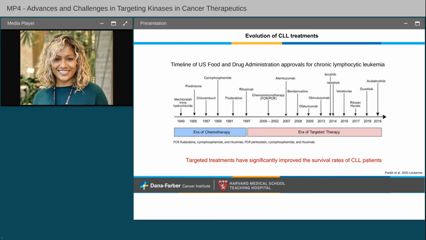Now, targeted therapy, which has picked up in the last decade, is a cornerstone of precision medicine. It's really transforming CLL treatment by focusing on specific molecular drivers of the disease. And these treatments have significantly improved the survival rates of CLL patients.